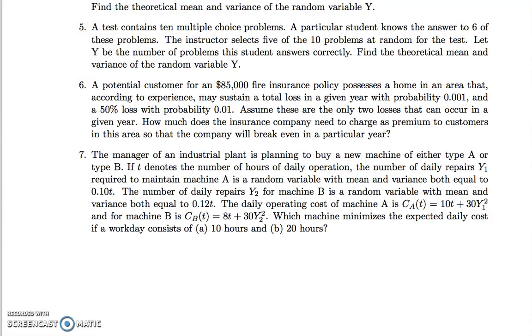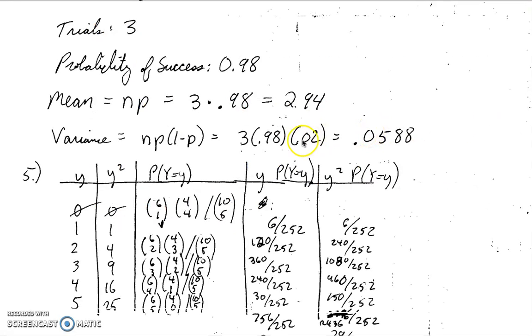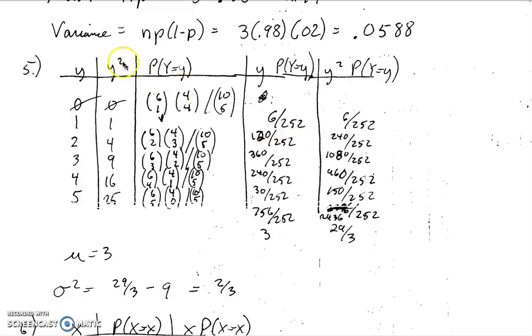So let's look at the solution. So you can see here in number 5, ignore the top there. So I've got my variable y. I had started out my table with zeros and then realized, oh, that's not possible, because if the instructor is choosing 5 problems and the student knows the answers to 6 of them, well, there are only 4 that the student is going to miss at the most, and so the student has to get at least 1 right, because there are only 4 that student's going to miss.